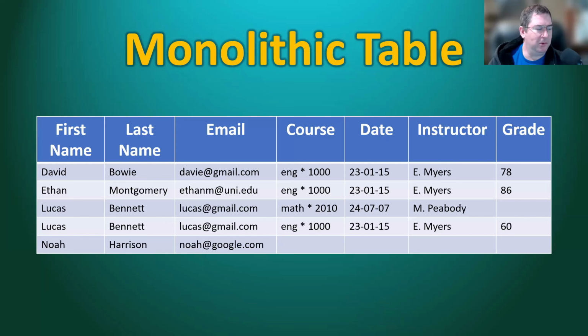First and foremost is the data redundancy. In this table, if you take a look here, you have the course English 1000 repeated 3 times, where the date and the instructor are identical. So this is redundancy in the data that's going to take up space and can cause inconsistencies. If I change the date here and I don't change the date here, you're going to get a problem in that they don't match.